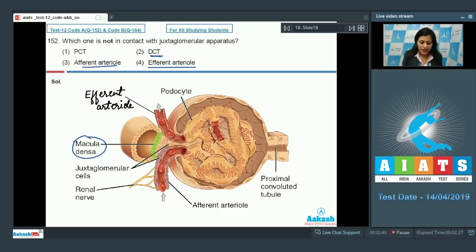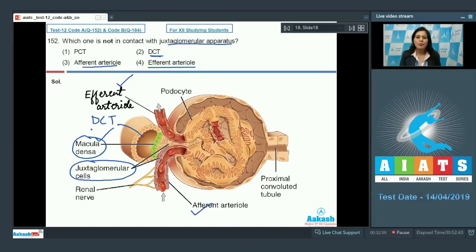And this macula densa along with juxtaglomerular cells form juxtaglomerular apparatus, which is in contact with efferent arteriole and DCT, distal convoluted tubule, but not with PCT or proximal convoluted tubule. So the correct answer to this question is option number 1, PCT.